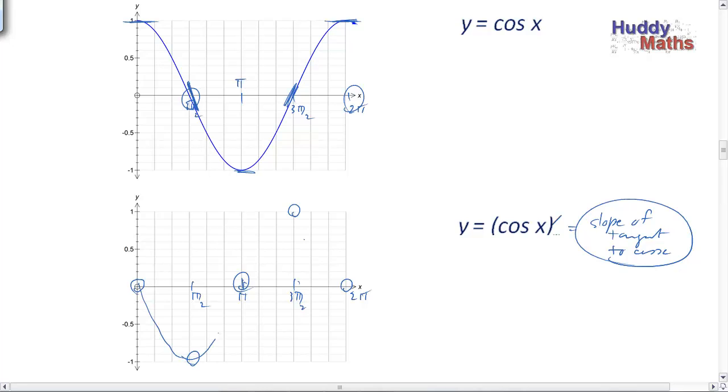So the graph of the derivative looks something like this. Oh, that's interesting. That looks like something like neg sine x. The derivative, or the slopes of the tangent to the graph of cos x at various points, have the values neg sine x. Wow, that's an interesting relationship between sine and cos and their derivatives.